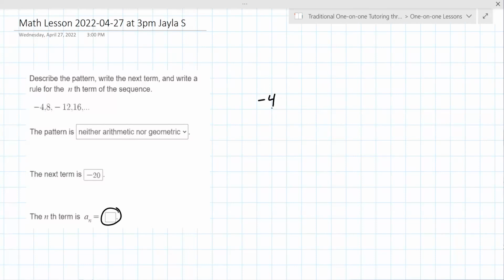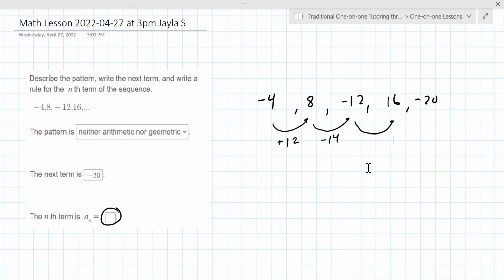So it's like this. It's like -4, -8, -12, -16, -20. So it's going, let's see if we can get this. This is +12, -14. But this is now +28.